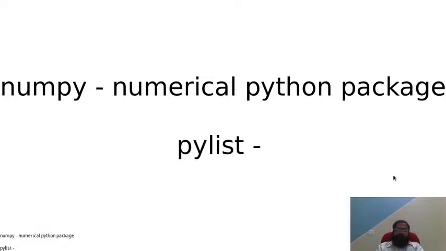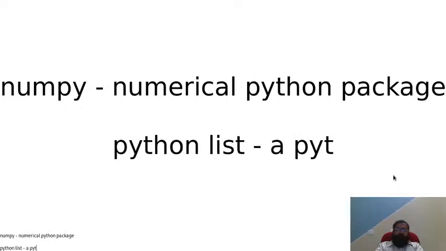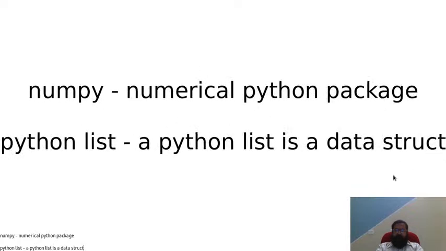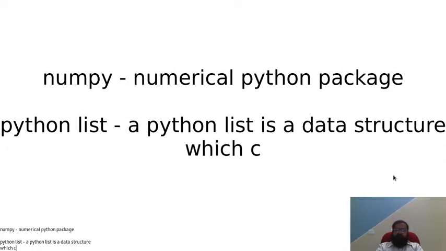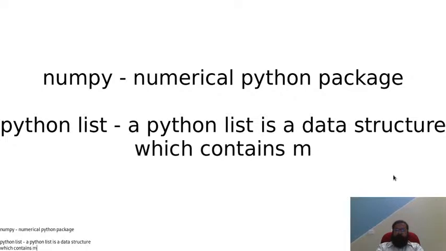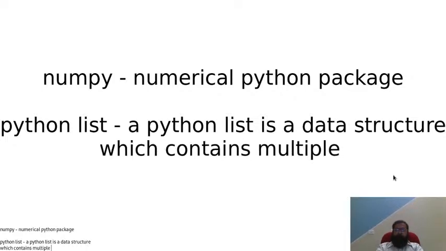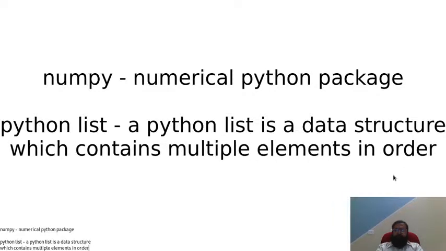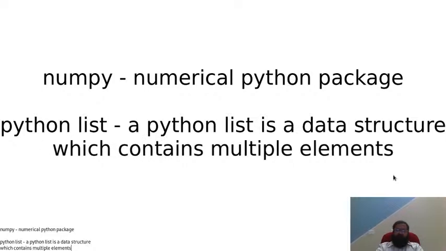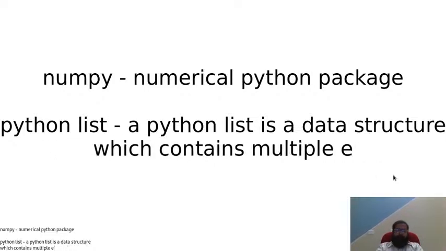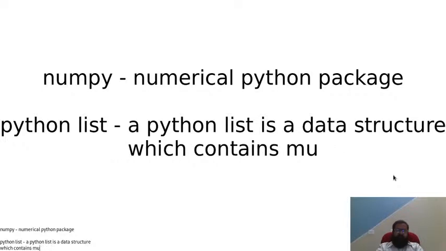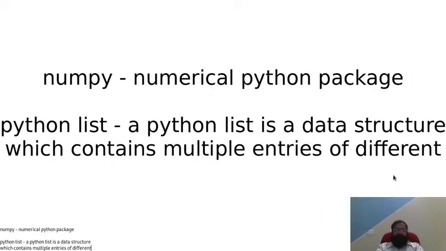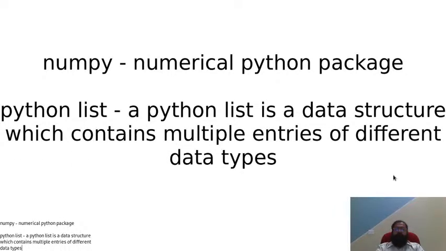A Python list is a data structure which contains multiple elements in order, and it can contain multiple entries of different data types.